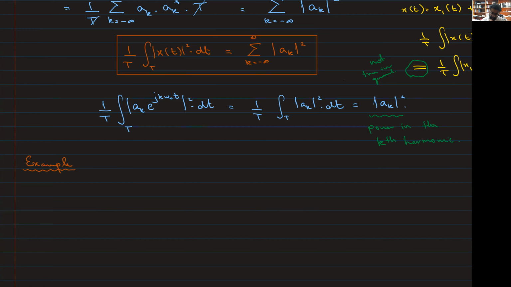Here's the exercise. You are given the following statements about a periodic signal x of t. Condition number 1: the signal x of t is a real signal. We also know that x of t is periodic with period T equals 4.